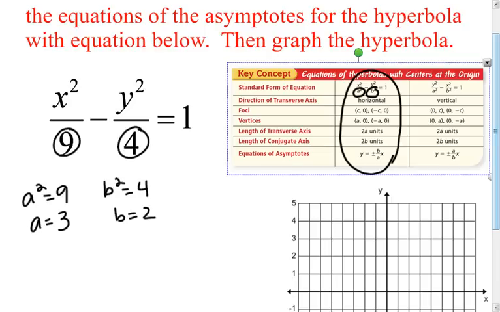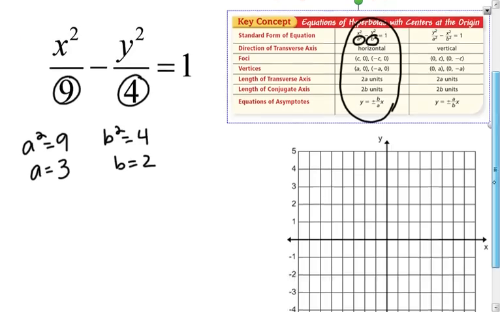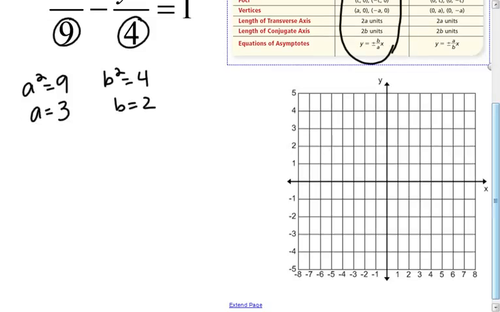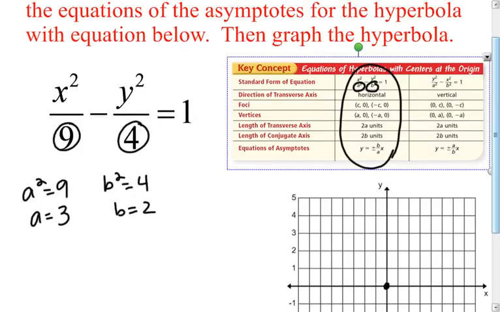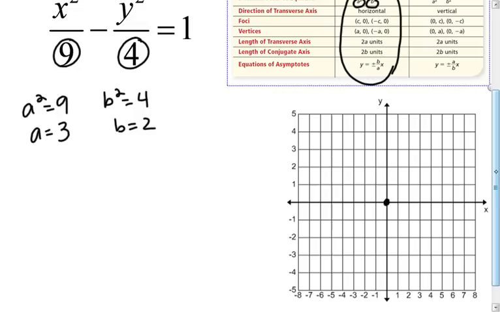So what I'm going to do is kind of start graphing this to help me here, okay? So I know that my center is at 0, 0. Again, because my x is listed first, I know this is a left-right hyperbola. And so I know that my a has to be my left-right distance. So I am going to go 3 to the right of this center and make a dot, and 3 to the left of this center and make a dot.